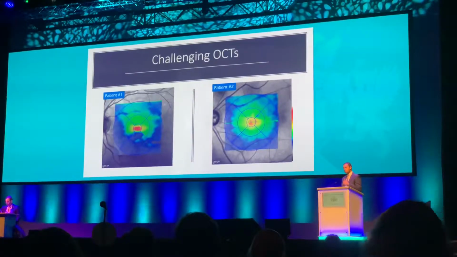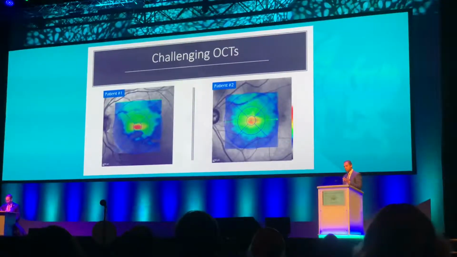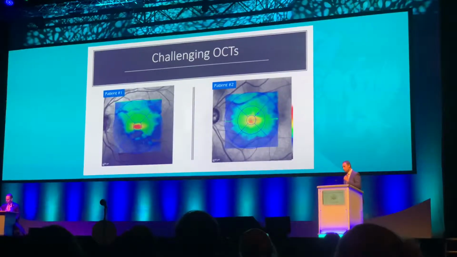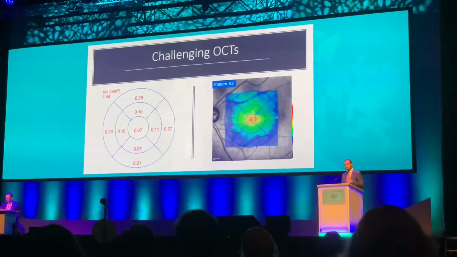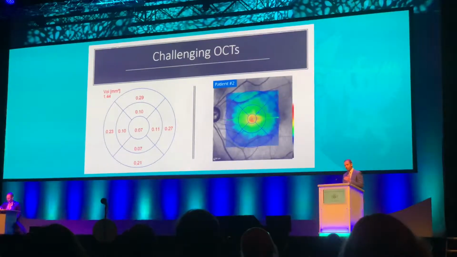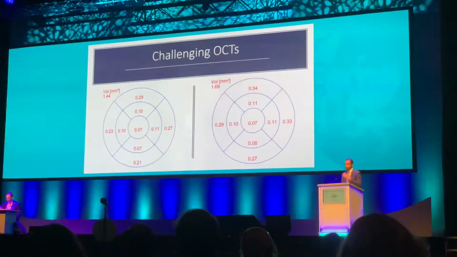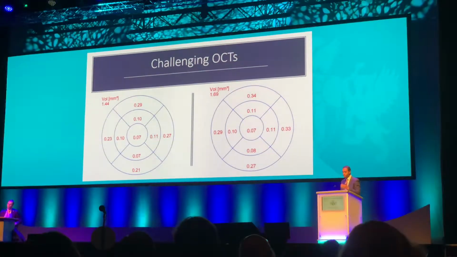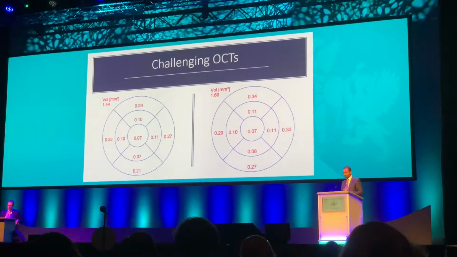The challenge comes when the toxicity is intermediate, so using a color-coded map only might not be very accurate. So we produced a volume map for the outer nuclear layer for each of the 8 ETDRS sectors. By comparing these numbers, you can see that the reduction becomes more obvious, even if the toxicity is moderate.